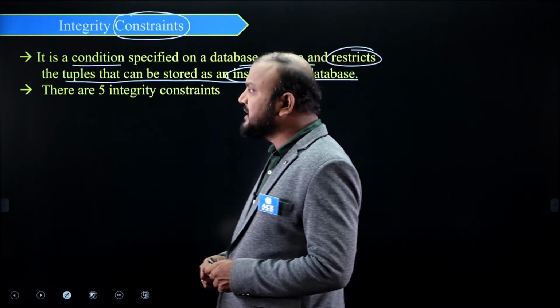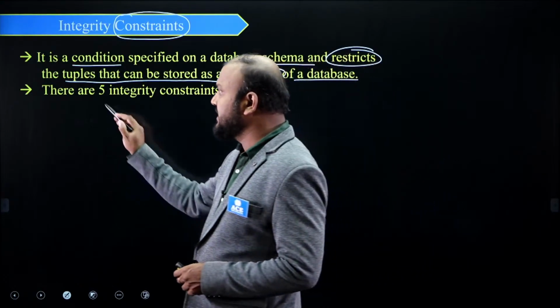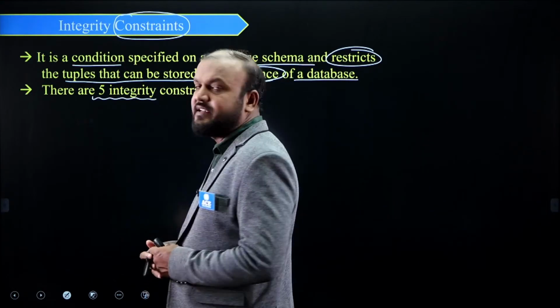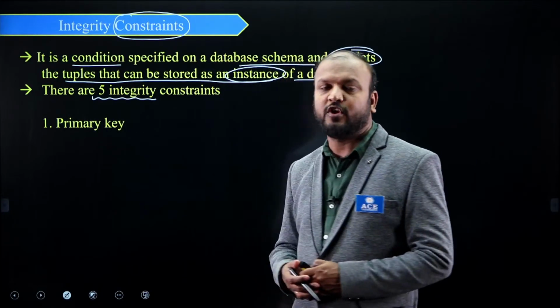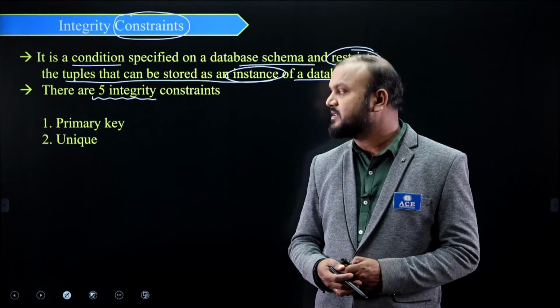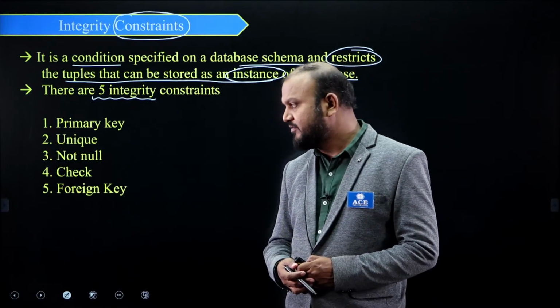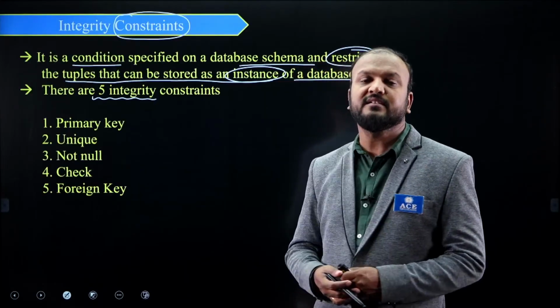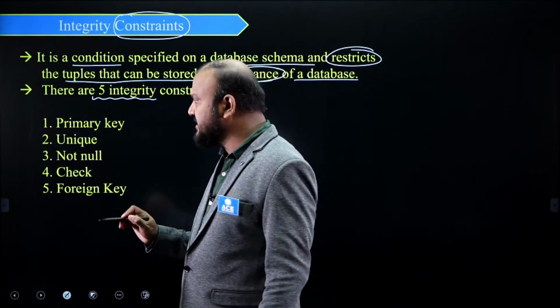What are the integrity constraints a database system has? There are totally 5 integrity constraints the database system supports. What are these 5? We call them primary key, unique, not null, check, and foreign key. Now, what exactly is the meaning?